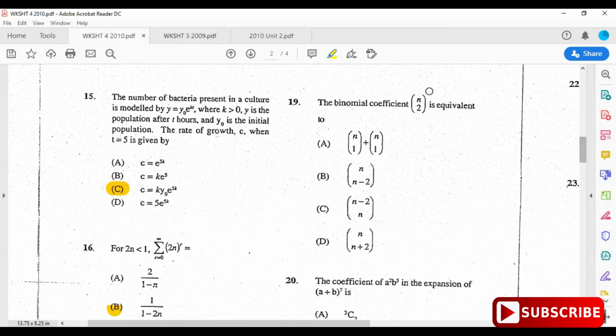Now this question, this is just something to remember. What is the binomial coefficient equivalent to?